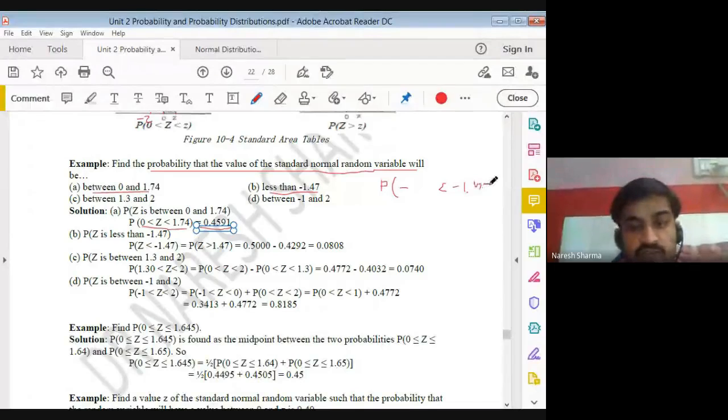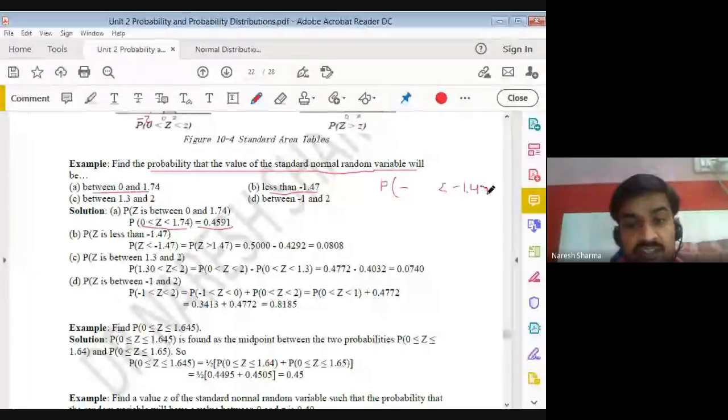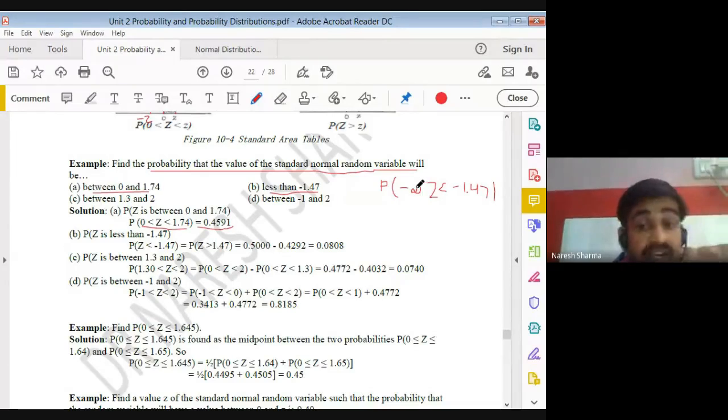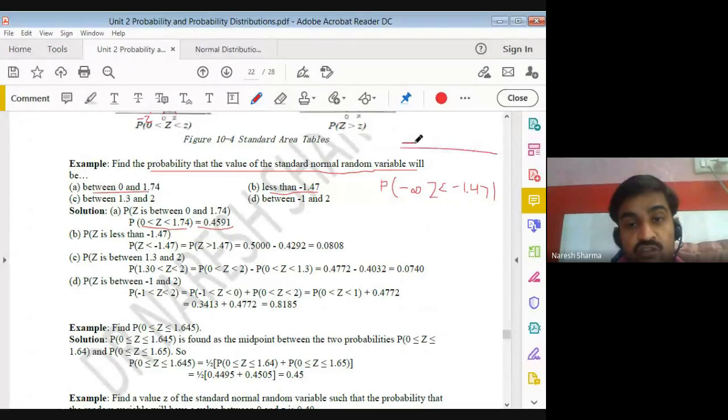1.47. When you say the left side of minus 1.47, no end is given on the left-hand side. That means this moves from minus infinity to minus 1.47. We know the normal distribution is symmetrical. Suppose this point is minus 1.47.